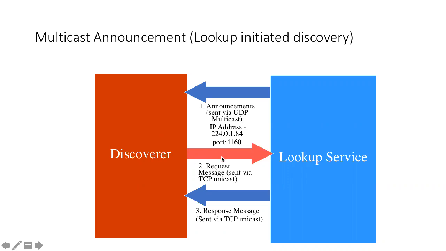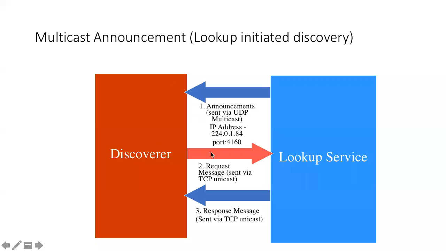So they give a request message to the lookup server, and they can do that using UDP or, in this case, TCP. So that's a unicast response to a multicast announcement. The lookup server can make a multicast announcement that says something like, everybody re-register your IP addresses.